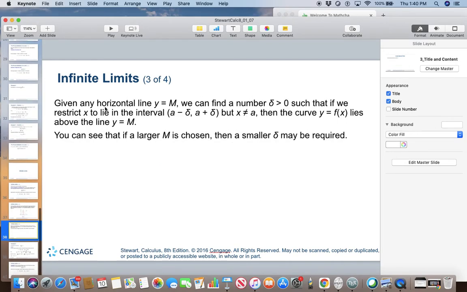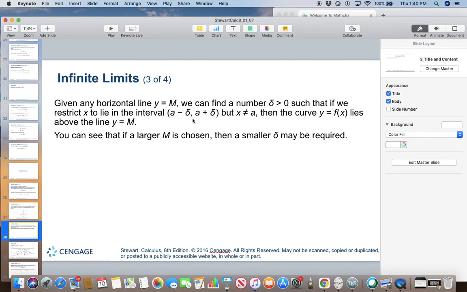Given any horizontal line y equals M, we can find a number delta greater than 0 such that if we restrict x to the interval a minus delta to a plus delta, that is, x is from a going to the left at most a minus delta but not equal, that's why this is an open interval. Likewise, on the right, x can go as far as a plus delta but not equal a plus delta.